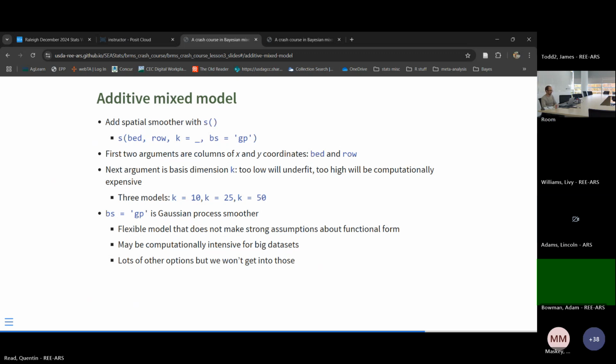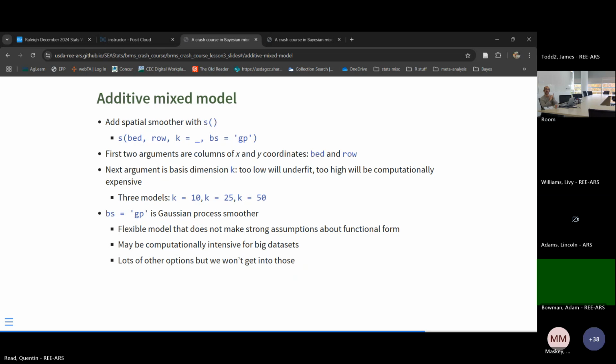And the basis of the spline is called GP. There are many different mathematical equations that can be used to build these splines. A very common one for spatial splines is called Gaussian process. Basically, it is a very flexible model that doesn't make very strong assumptions and can fit essentially any spatial structure in the data very well.